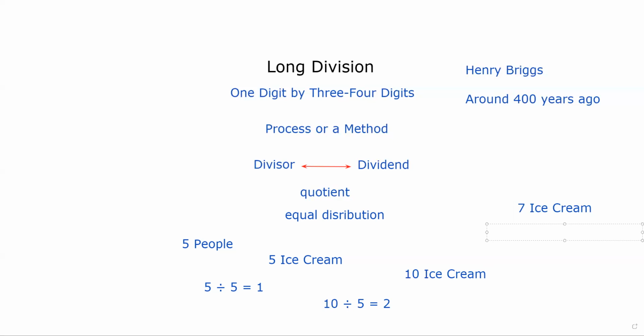So 7 divided by 5 equals 1, remainder 2, right? I hope this gives you an idea of the whole meaning of division. There is a lot more to learn about division. Trust me, it's a huge amount of information, but this is for now. Now I will show you how we can do the process.